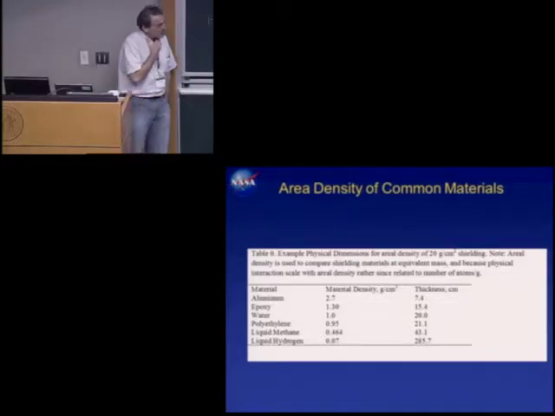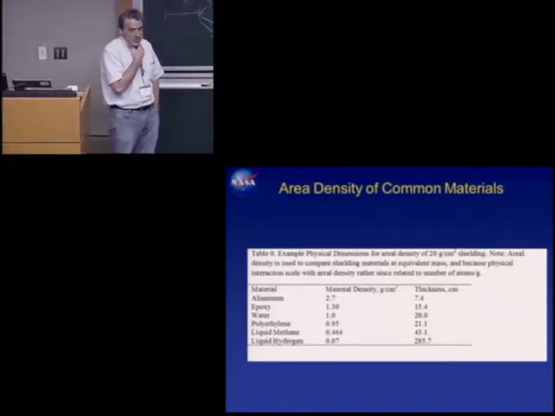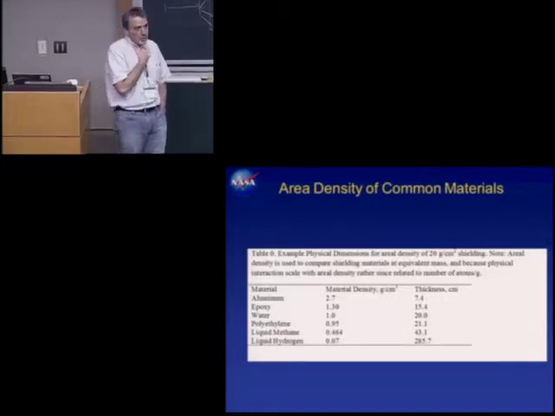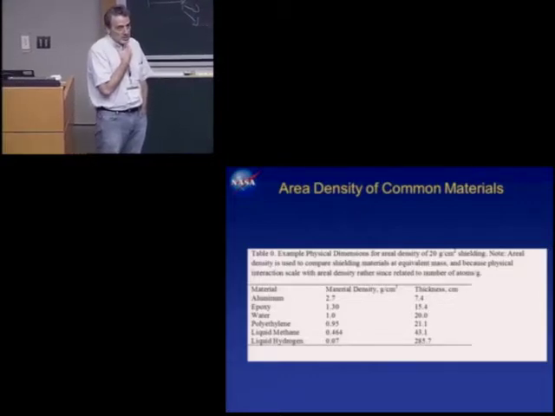Yeah. So this is just to remind you that the densities of some of these materials lead to a different range of physical thicknesses. This is an example of looking for a 20 gram per centimeter squared shield, but picking different materials. And then what does that result for physical thicknesses? That would be important because some of these materials you would have to house in some kind of vessel to contain it, like the liquid hydrogen or the methane.